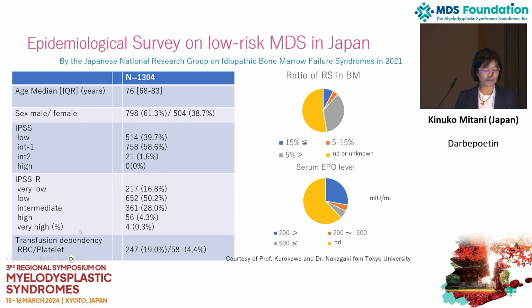Regarding transfusion dependency, RBC transfusion-dependent patients accounted for 19%, and platelet transfusion-dependent patients 4.4%. In Japan, patients with more than 50% of ring sideroblasts in the bone marrow accounted for only 10%, and patients with more than 200 of serum EPO level, 1/3.